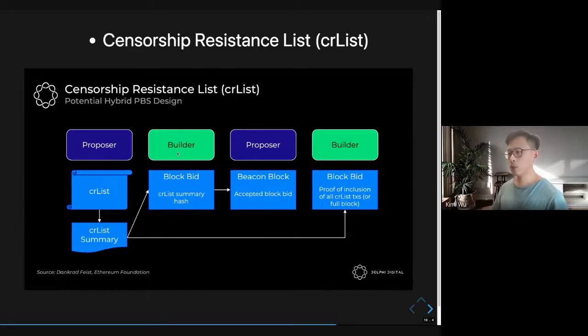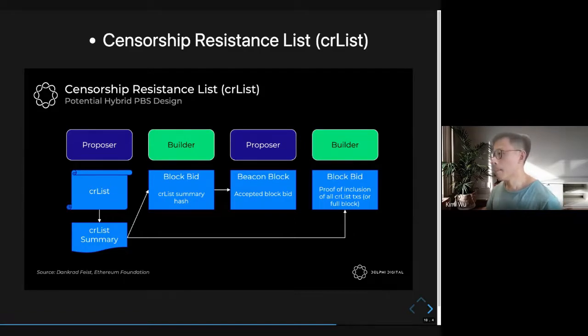The builder needs to include all the transactions in the list, and then do the same thing: propose the block header and the proposed content as mentioned earlier. So the difference is there's a list. The builder needs to follow the rule and include all the transactions inside the list.